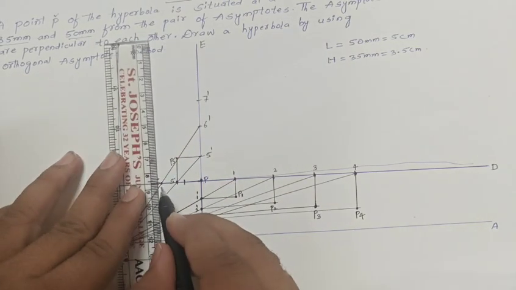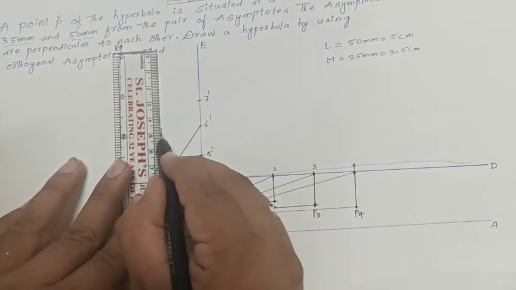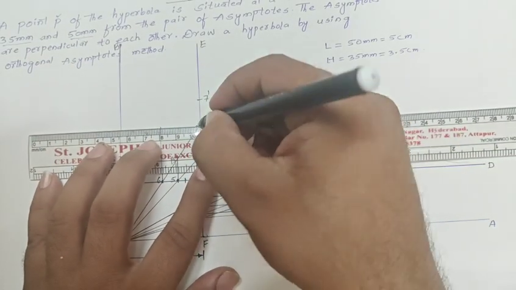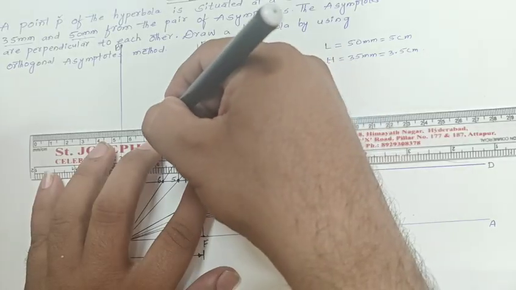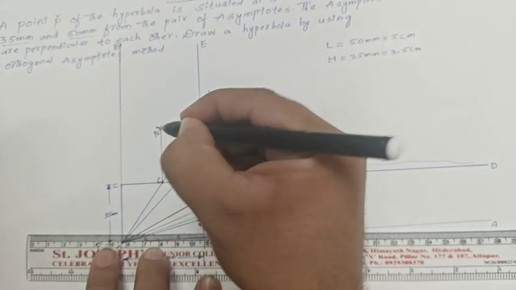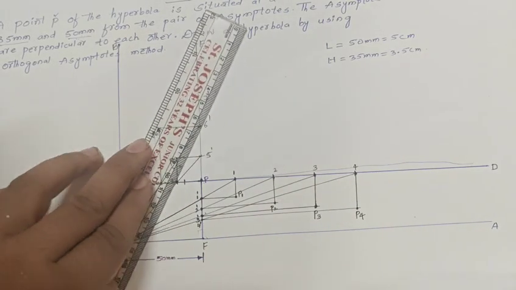From this point, draw the perpendicular lines, draw the vertical line. Meanwhile, draw the horizontal line. Clear? Both intersect at a particular point. So this point is called P6. Same thing we have to continue for 0 to 7.